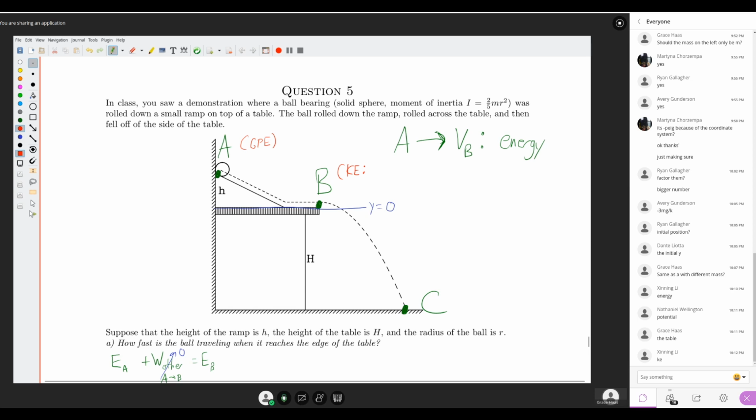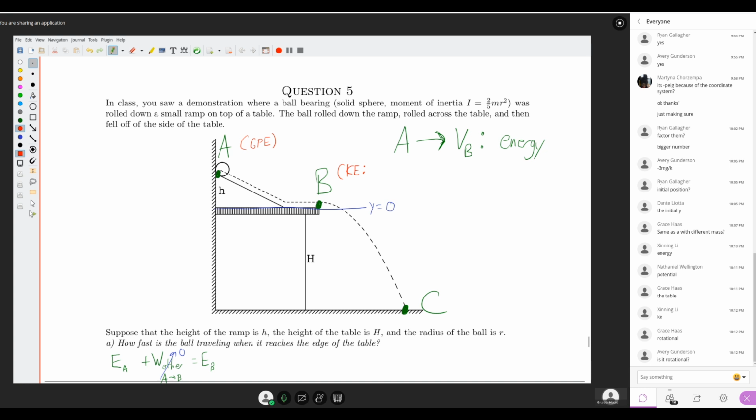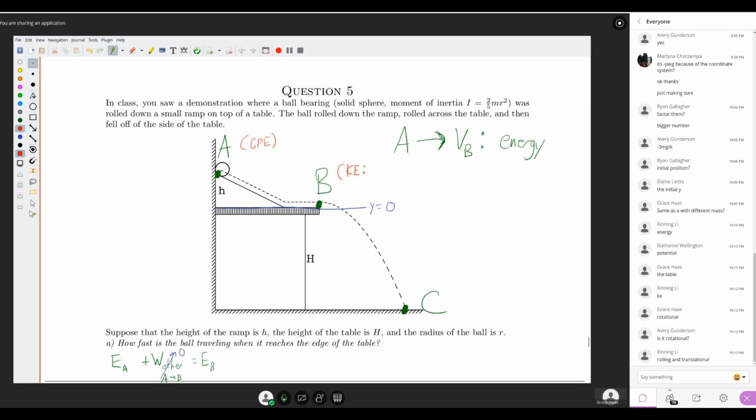What kind of kinetic energy is it? Rotational and translational.